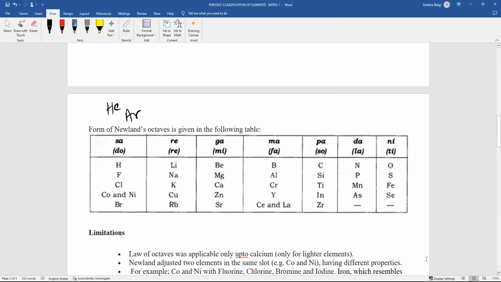Is the file visible to you? Yes, ma'am. Just a minute. Students, the slight power disruption. Sorry.